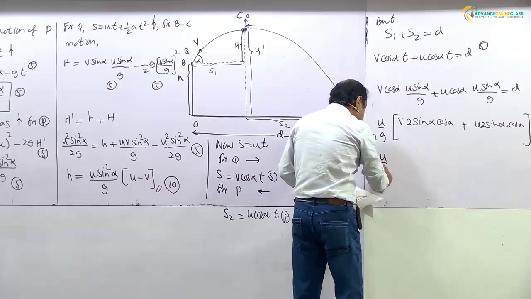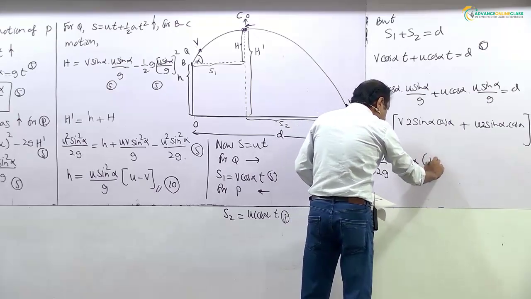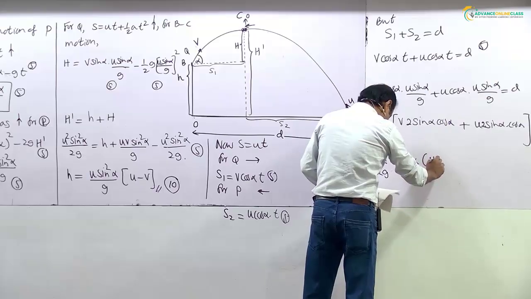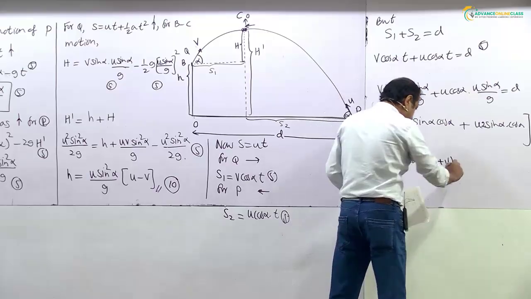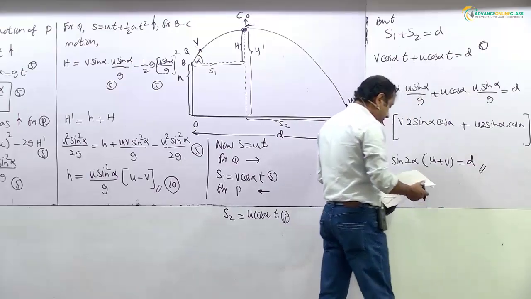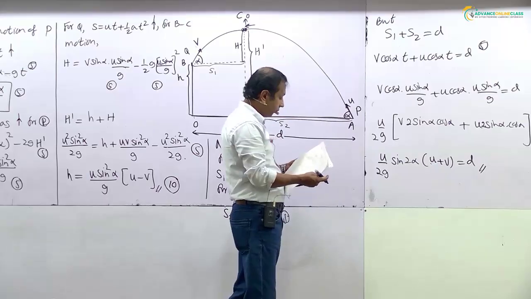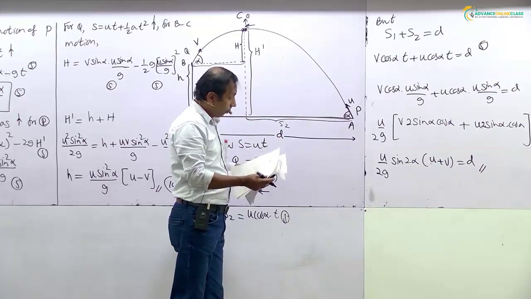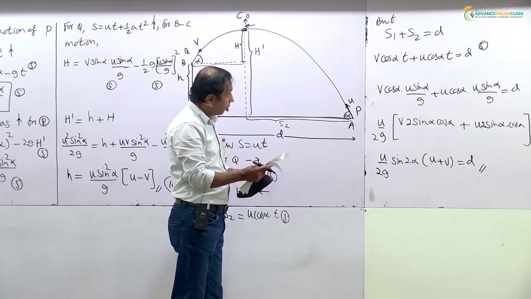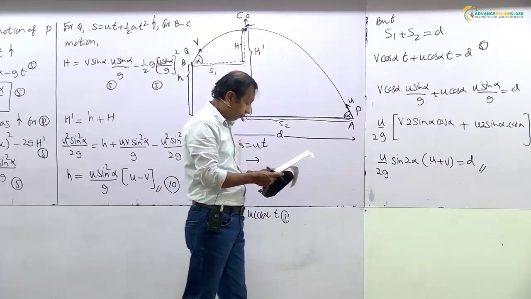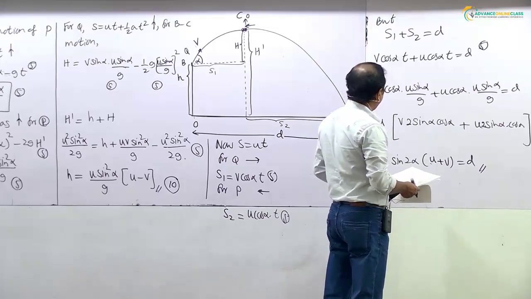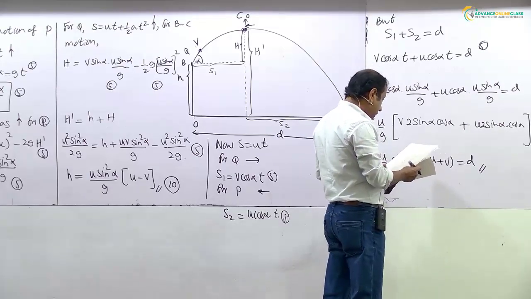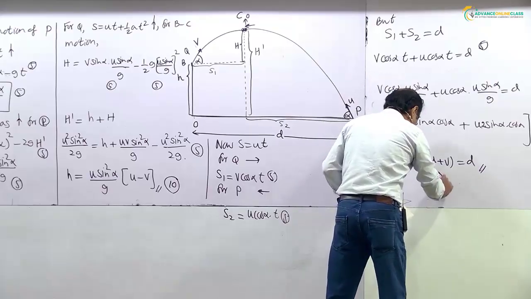Then we get U over 2G sine 2 alpha, within bracket we get U plus V, is equal to D. We get that answer. Right, 5 marks we got. And this answer, another 10 marks.